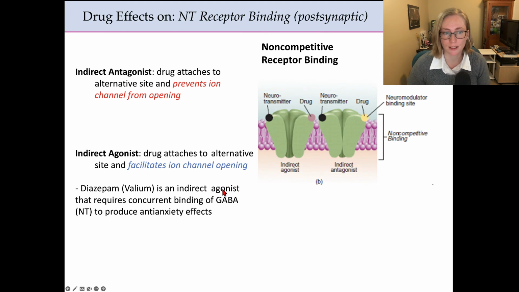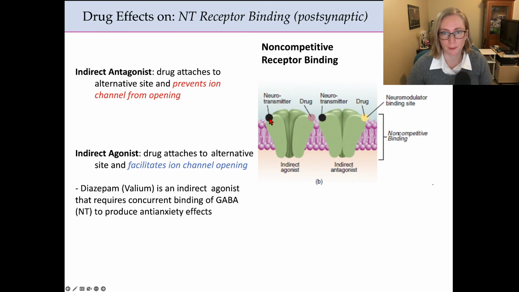It's an indirect agonist that requires concurrent binding. Just like here, you see a neurotransmitter and the drug. Sorry, it's an agonist, so let me put it over here. This is your drug, this is your neurotransmitter. This would be Valium, and this would be GABA. GABA is your main inhibitory neurotransmitter, right?